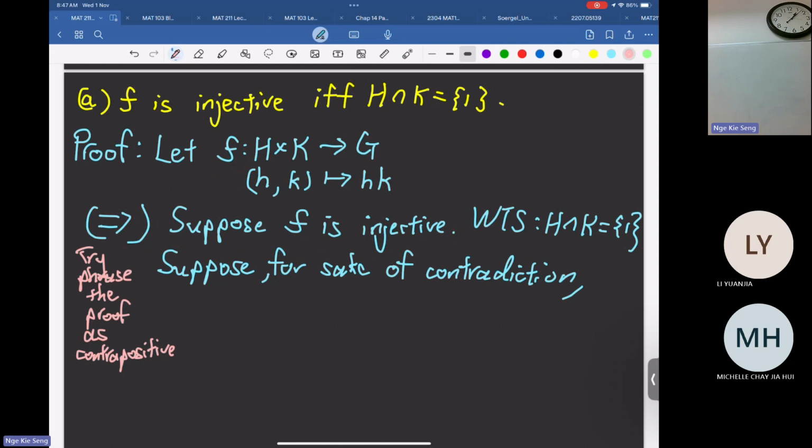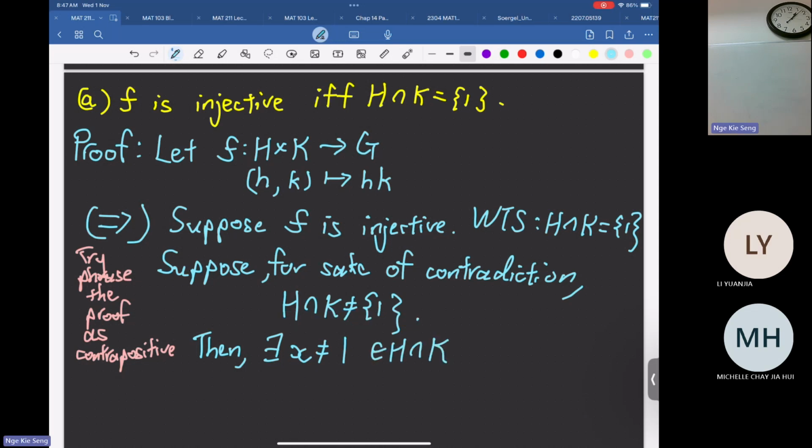So for the sake of contradiction, suppose that the intersection is not just the identity. Okay, this means what? Then there exists x not equal to the identity, which is in the intersection. But what did we prove last time? The intersection of subgroups is a subgroup.